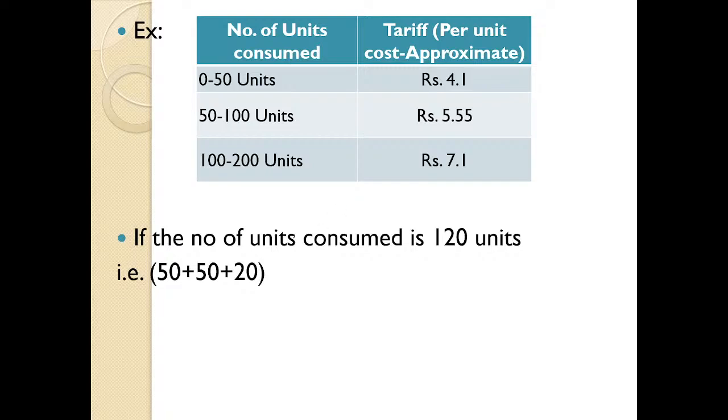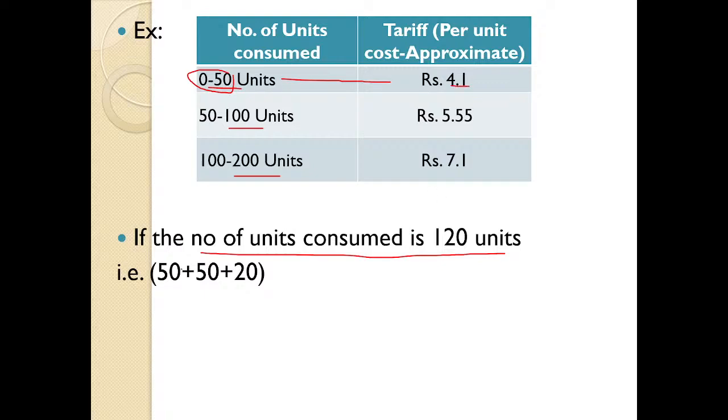So here, let us assume the number of units consumed is 120 units. So if you see here, he has mentioned 0 to 50, then 50 to 100, then 100 to 200. Up to 50, what is the rate? Up to 50 the rate is 4.1.